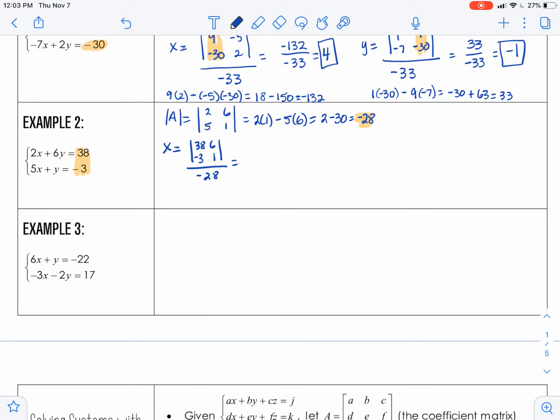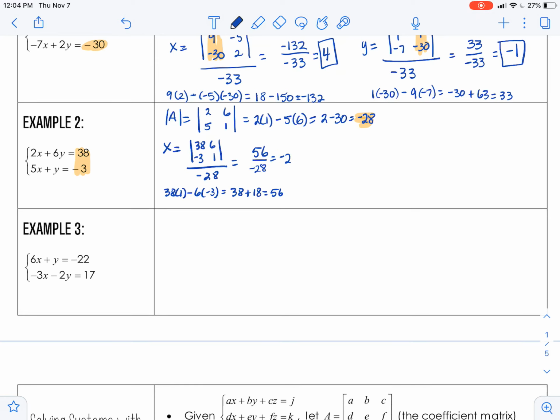Okay, so I'm going to come down below and I'm just going to do that multiplication. So 38 times 1 minus 6 times a negative 3. So that is 38 plus 18, which is 56. So up here I have 56 divided by a negative 28, which is a negative 2.